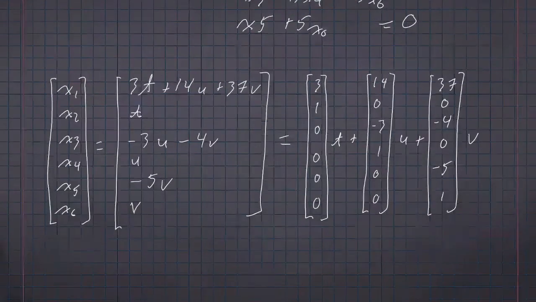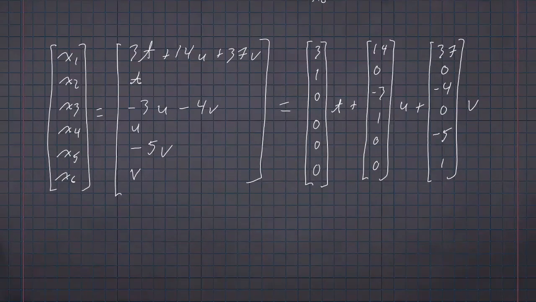These three vectors are linearly independent, so the null space of A is the span of those three vectors.